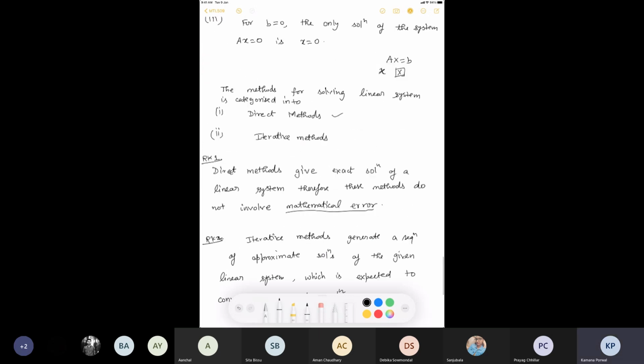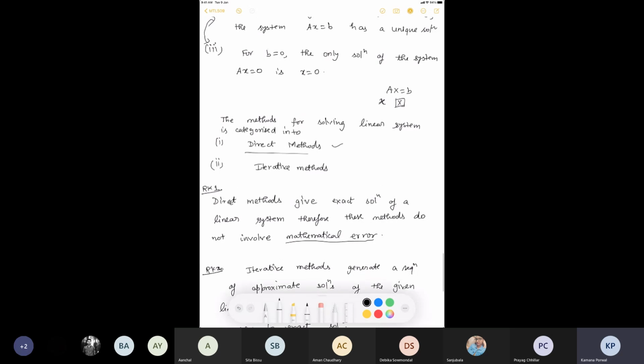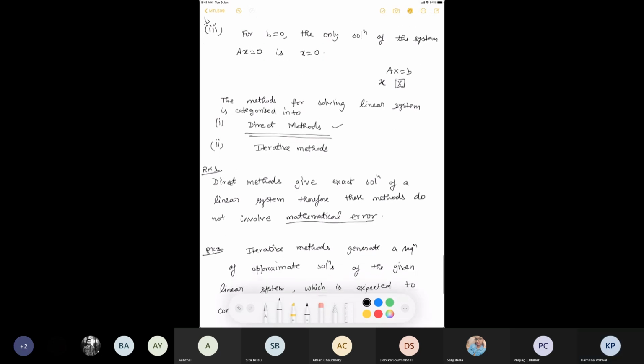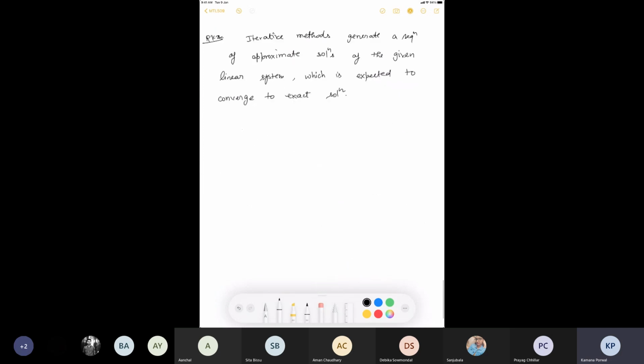All right. So let's first focus on the direct methods. In the direct methods, we are going to learn mainly two methods. The first method we will see is the Gaussian elimination, and the second method which we will see is the LU factorization.